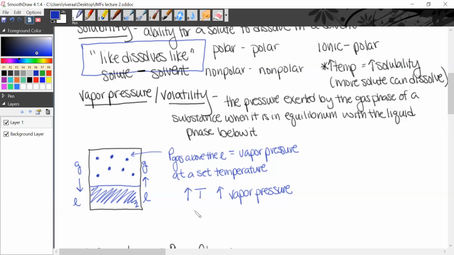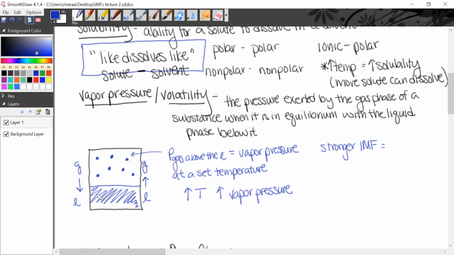But I have not yet talked about strength of IMF. The stronger the IMF, again, don't memorize these, think about them. If it's got a strong IMF, it wants to be in the liquid phase. It's going to be less likely to become a gas.